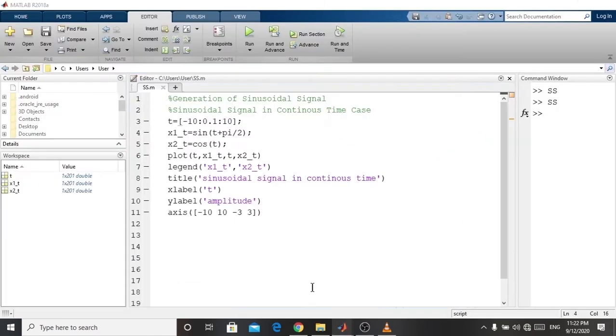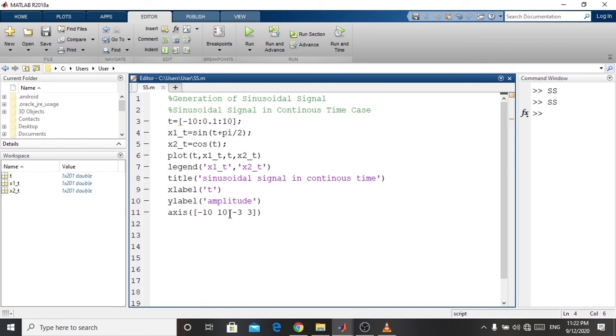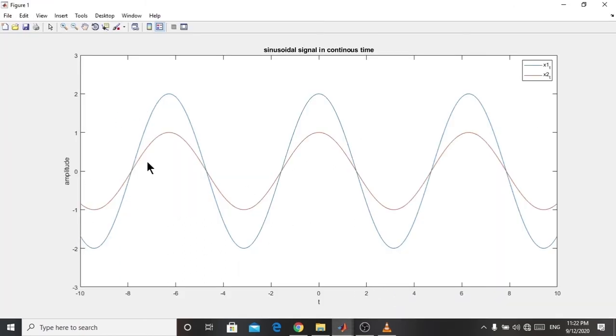For understanding, I will increase the amplitude of x1 of t. Then you can see that initially it was not there because it is under x2 of t. Now I increase the amplitude, you can see x1 of t and x2 of t. From this we can conclude that sine of t plus pi by 2 is equal to cos of t.